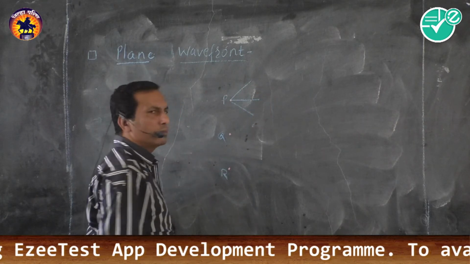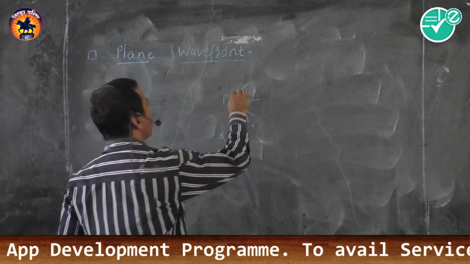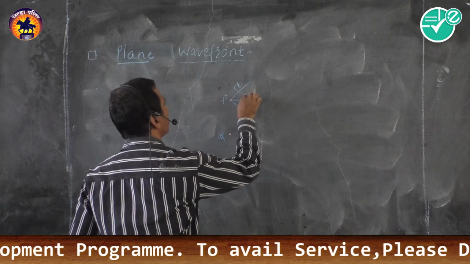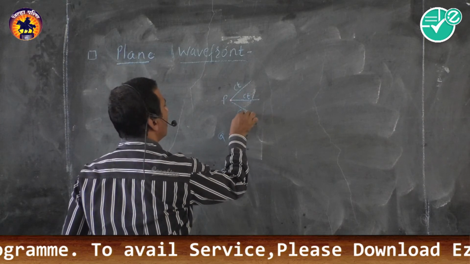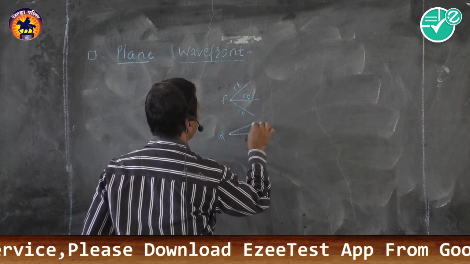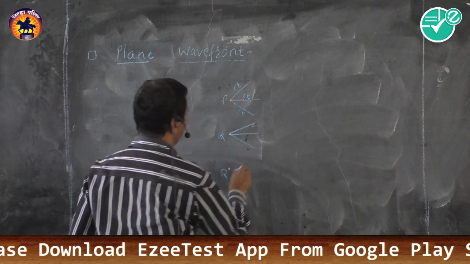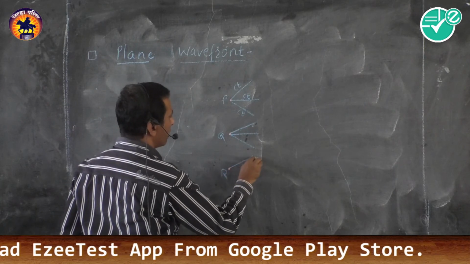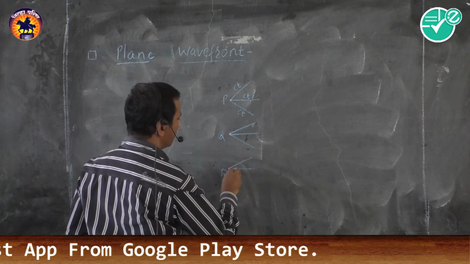In time t, light covers distance equal to ct. Nothing new here: light covers the same distance in the same time, in the same medium.